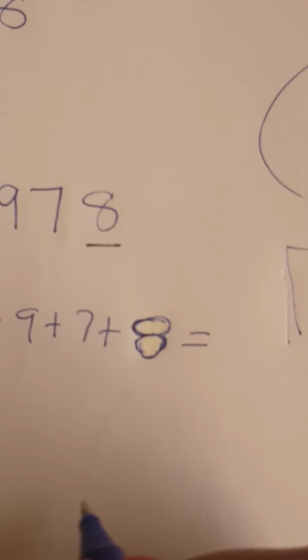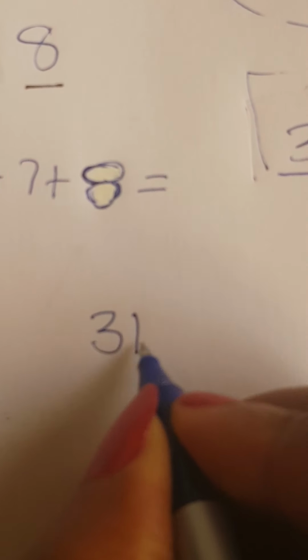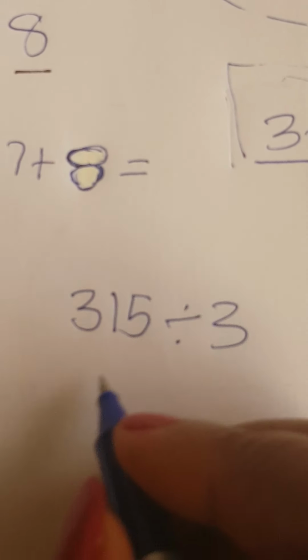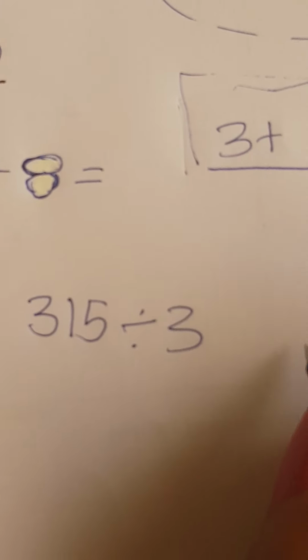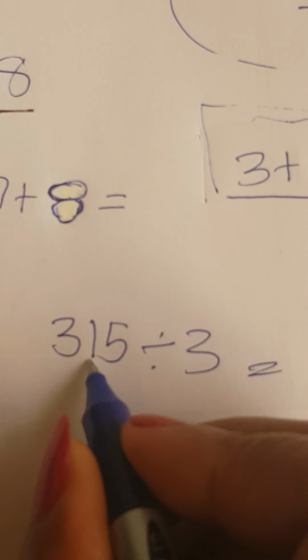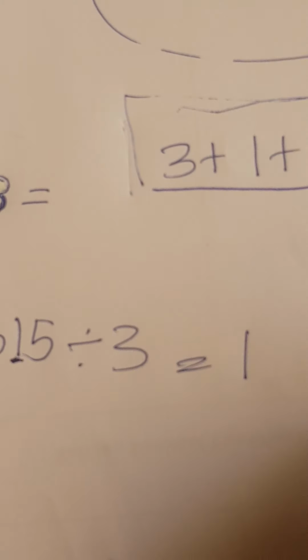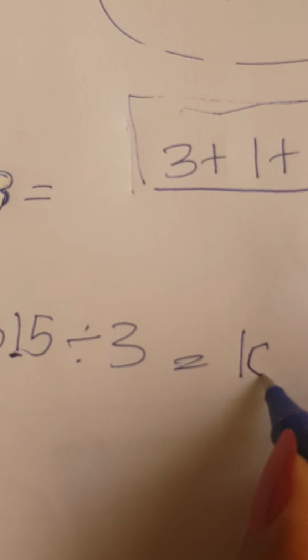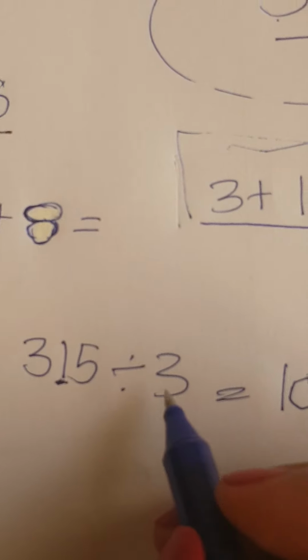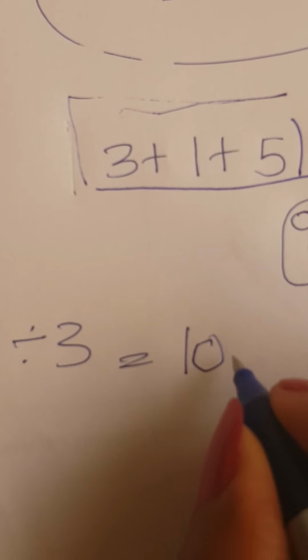If you divide 315, let's see, 315 divided by 3. 3 divided by 3 will give you 1. 1 divided by 3 is 0, because 1 is smaller. You regroup it, put it here, it's going to give you 15. 15 divided by 3 is going to give you 5.